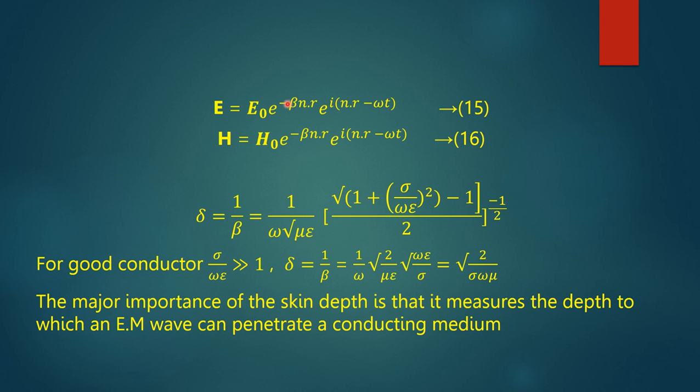The term 1 by beta measures the depth at which an electromagnetic wave entering a conductor is damped to 1 by e of its initial amplitude at the surface. This depth is known as the skin depth or the penetration depth and is usually represented by delta.